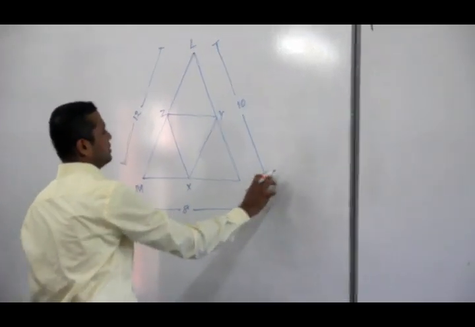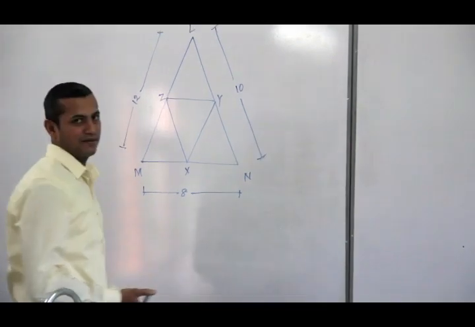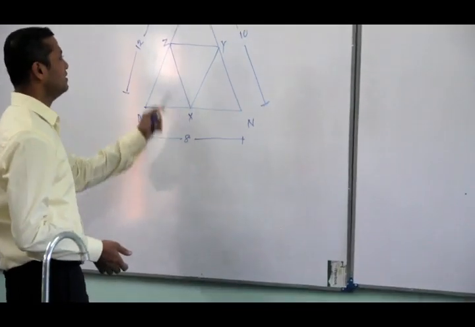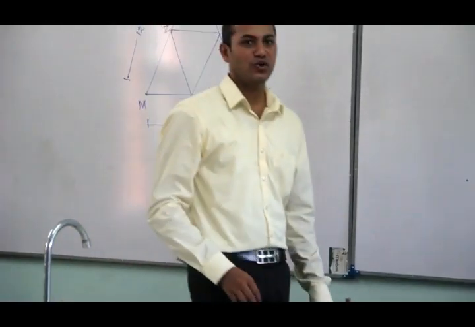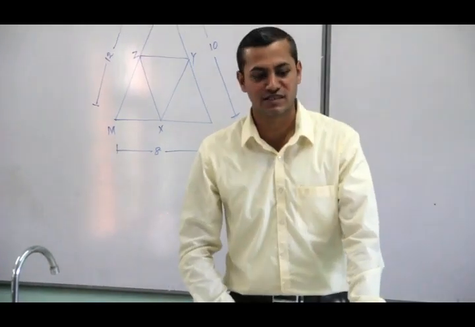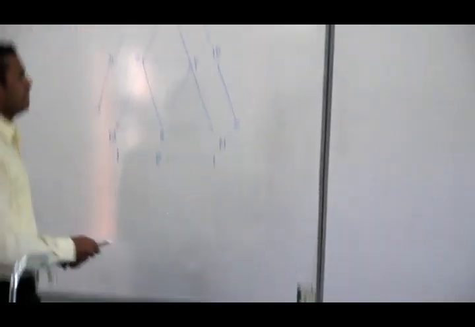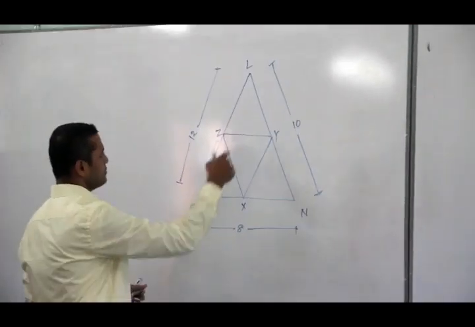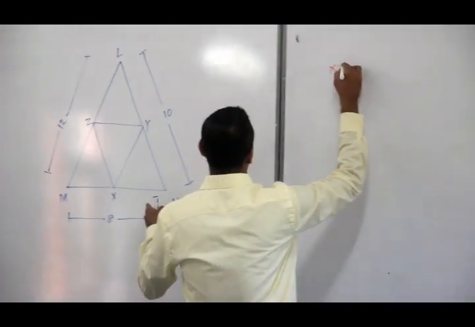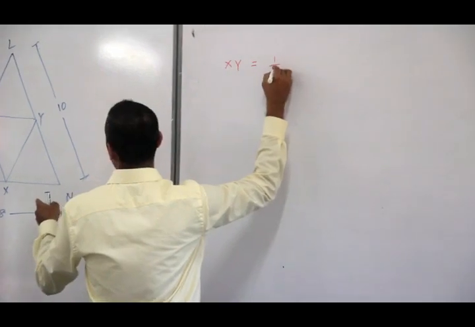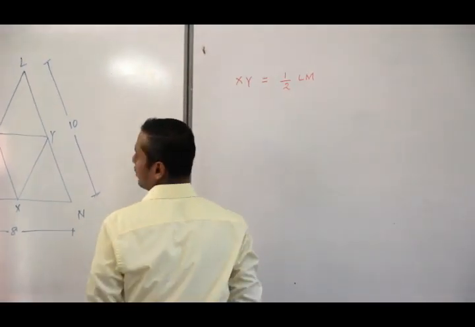The question is to find the perimeter of the triangle XYZ. According to the midpoint theorem, you know the line joining the midpoints of any two sides is equal to half of the third side. Then XY is half of LN, according to the midpoint theorem.